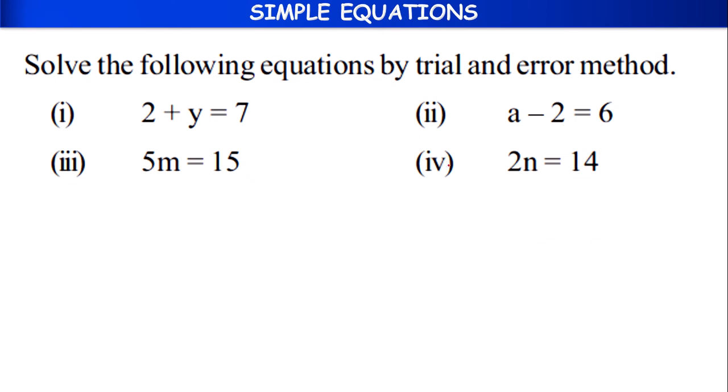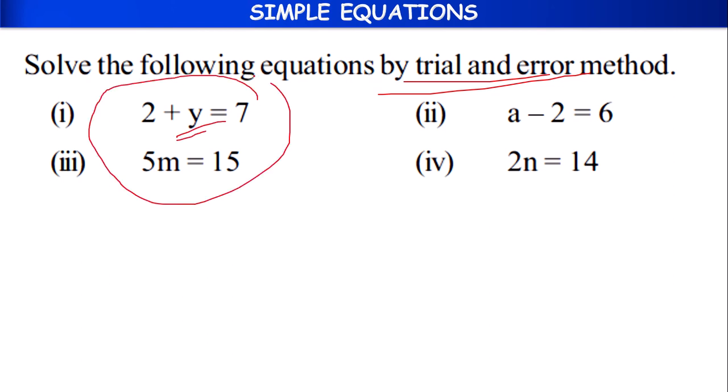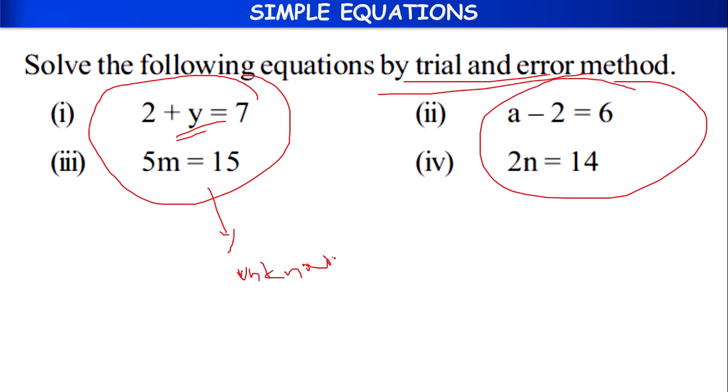So, like this, children, by trial and error method, we can find the solution of a given equation, or we can find the value of the unknown quantity in the equation, which is the variable.